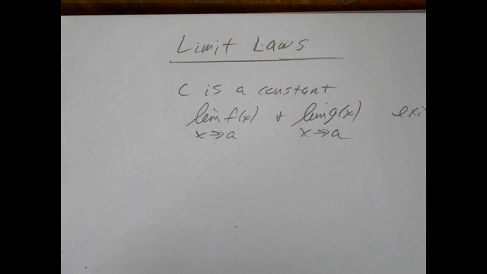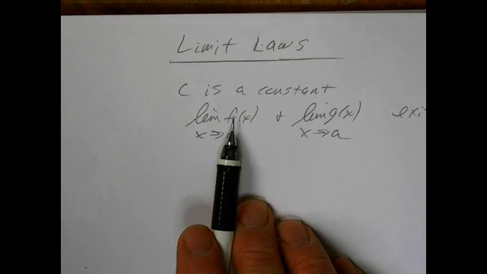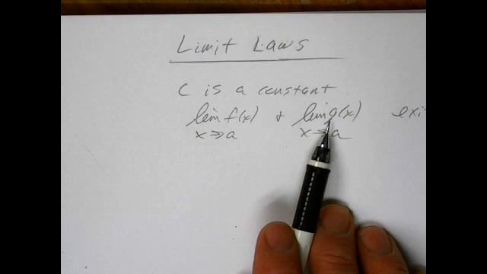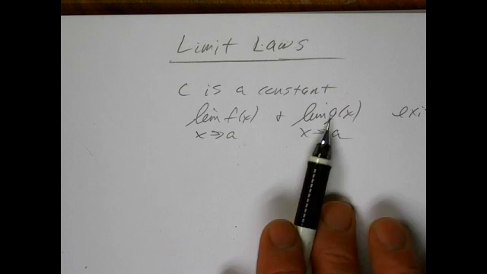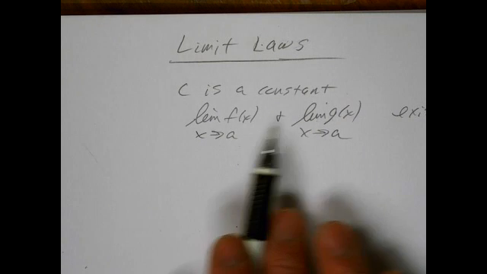All right, so what that means is that this limit doesn't equal infinity, or negative infinity. This limit doesn't equal infinity, and doesn't equal negative infinity. What this means is that both of these equal actual numerical values.